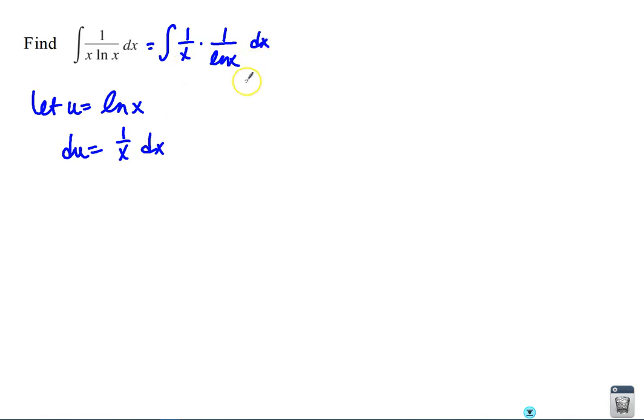Remember, all this is being multiplied. So when I rewrite this, I've got the integral of 1 over u, and then 1 over x dx was du, so this times du.